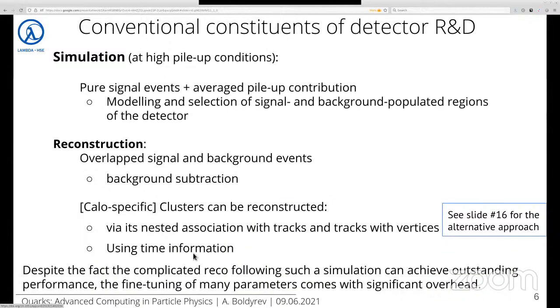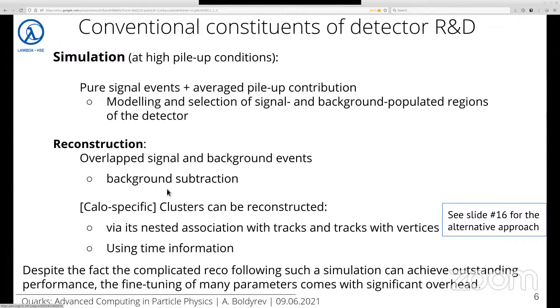On this slide, you can see the conventional constituents of detector R&D. It's general, not only in our approach. So it is for the simulation, especially at high pile-up conditions. But the pure signal events and some average pile-up contribution can be modeled and selected using some signal and background populated regions of the detector.